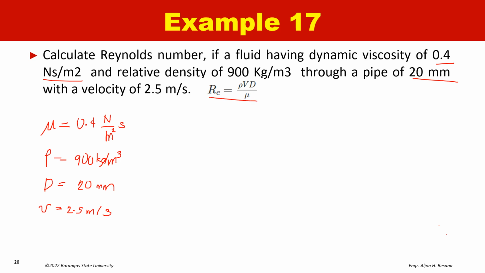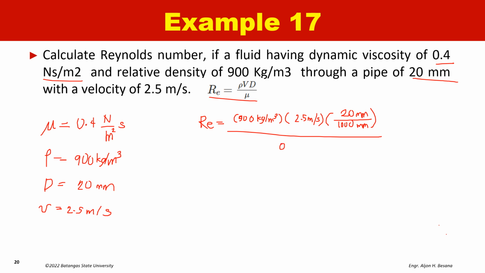So simply, let's just substitute to the equation. Re, Reynolds number, is equal to the density of 900 kilogram per meter cubed, multiplied by our velocity of 2.5 meters per second, multiplied by our diameter of 20 millimeter, dividing it by 1,000 millimeter to convert it into meters, all over our mu or dynamic viscosity of 0.4 Newton per meter squared second.